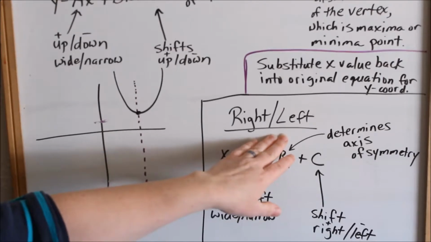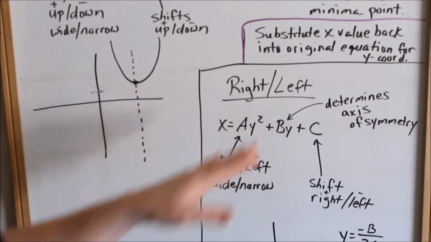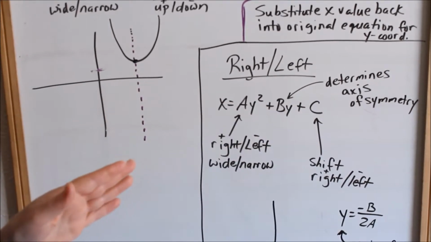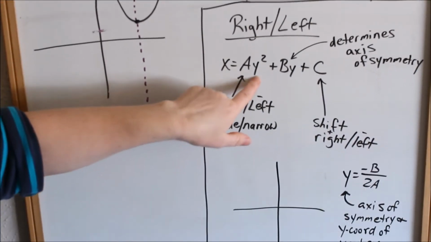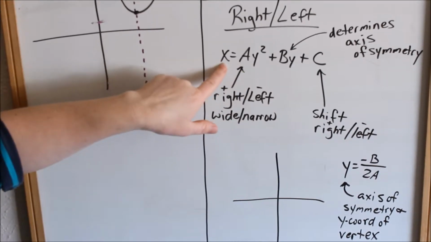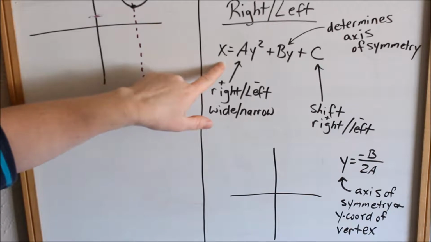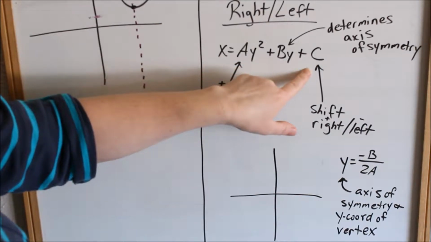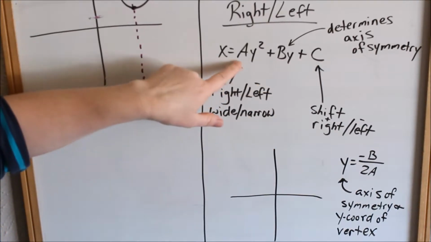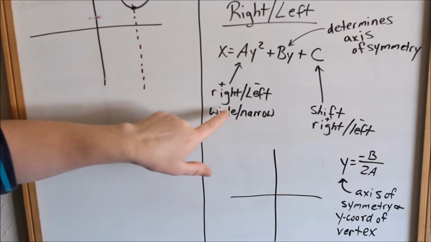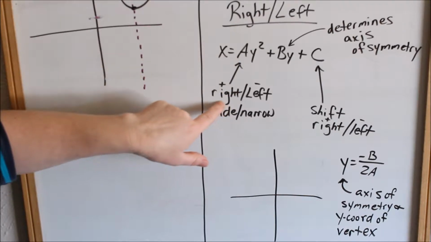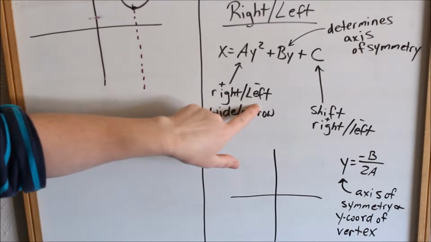If we're talking about right and left parabolas, it's the same concept, except that now our y is a squared value and x is not. So all the concepts are the same. Here's the general equation for right and left parabolas. This coefficient tells you if it's facing to the right or the left. If it's positive, it's to the right. If it's negative, it's to the left.